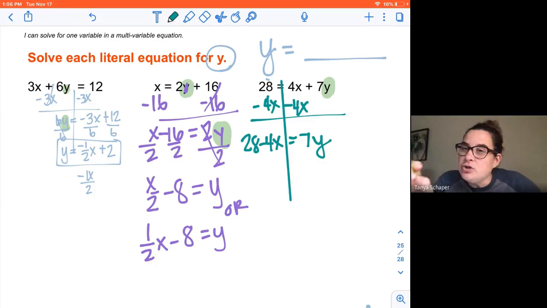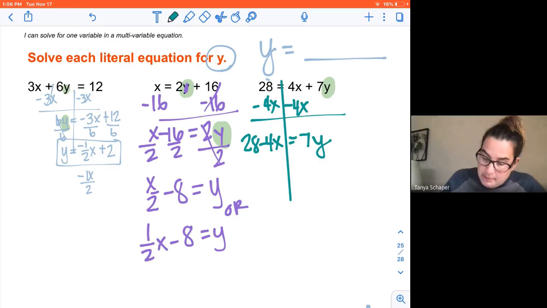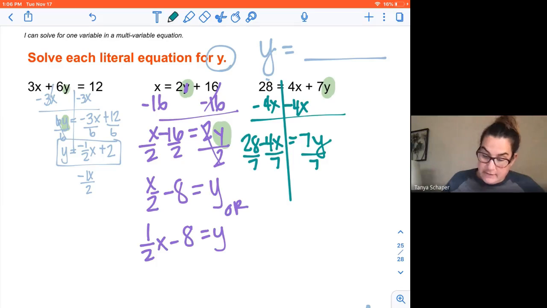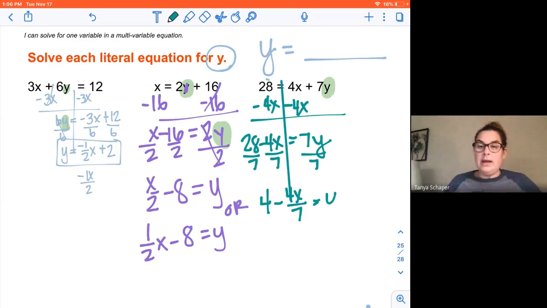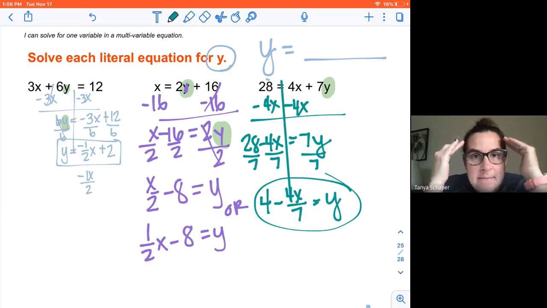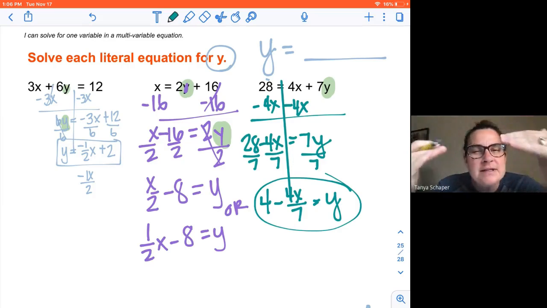And then to undo that multiplication, I'm going to divide both sides by 7. I have to divide every single term by 7. So 4 minus 4x divided by 7 equals y. There's my answer.